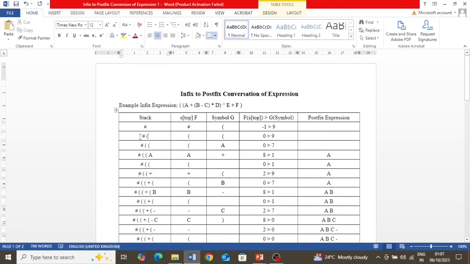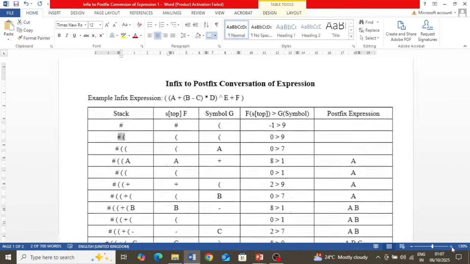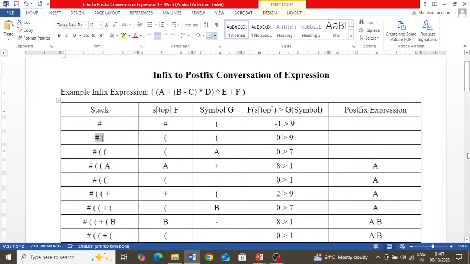The stack body will have two elements, hash and opening parenthesis. I am going to increase the size. At the top of the stack we have the opening parenthesis, so we write the same in the top of the stack column.